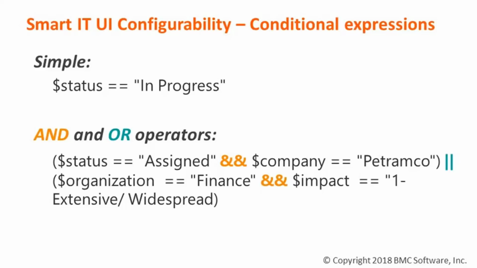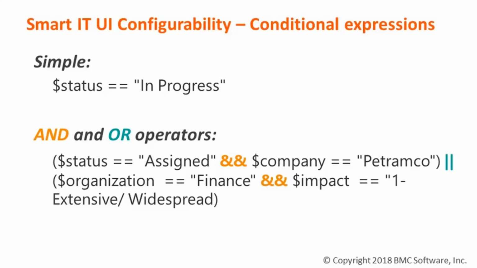For conditional expressions, you've seen this example. It's very simple. The field is prefixed by a $ sign. You have that assistance as you type to help you get to the right field. These expressions, by the way, are very much parallel with a lot of other expression-driven logic in our most recent products as well.